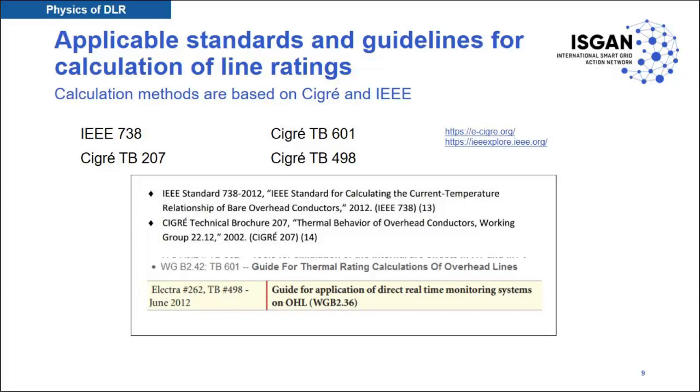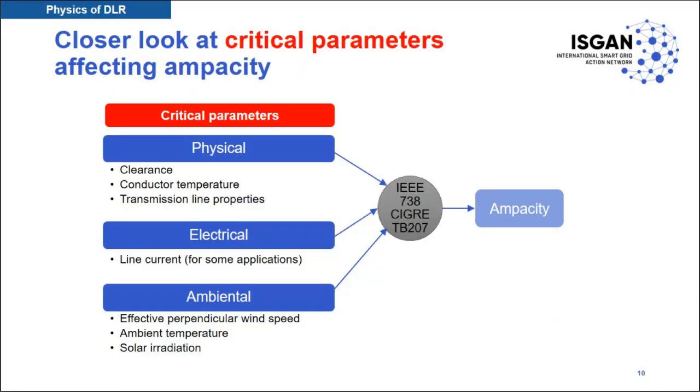Anyway, if you have all your data available, you need to run them through this thermal model to get usable information to perform dynamic line rating. For those who are interested, here we have listed all these standards. The CIGRE ones can be downloaded for free on the CIGRE website, and for the IEEE you need a subscription, you need to pay.